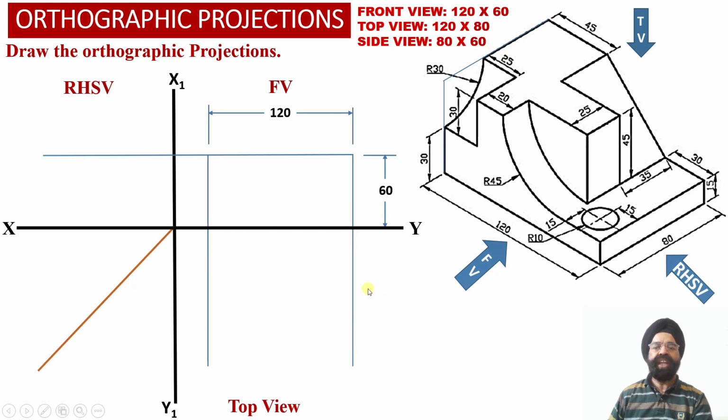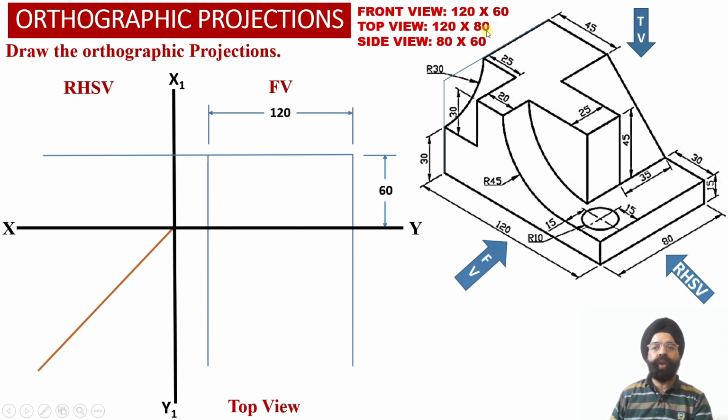Now in the top view projections, we know that the width of the solid is 120 millimeter, which we have already obtained through these two vertical projectors drawn in the front view projections.